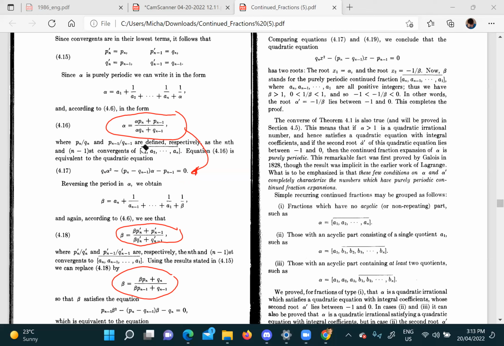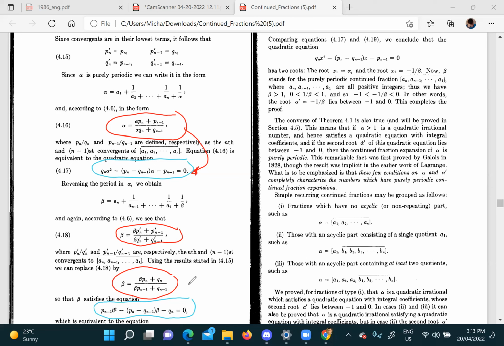So that's the quadratic you get from reversing the periodic fraction, and that's the one you get from the original continued fraction, okay? So the middle is the same, and the outsides are the swaps of each other with a minus sign, right?